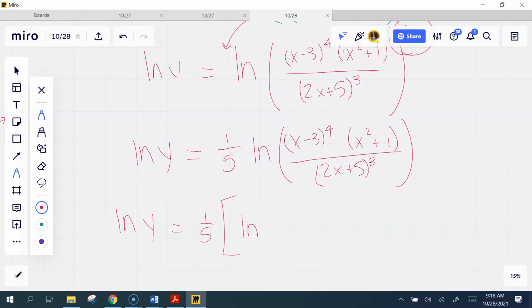If I'm dividing, I can split that up with subtraction. So I'm going to say log of x minus 3 to the 4, x squared plus 1, minus the log of 2x plus 5 to the third. Because if I'm adding and subtracting, I can take the derivatives individually.